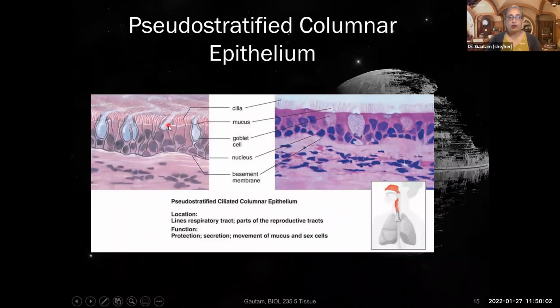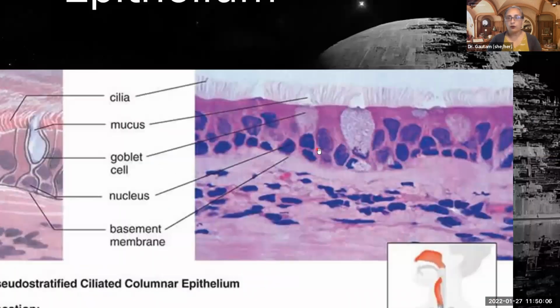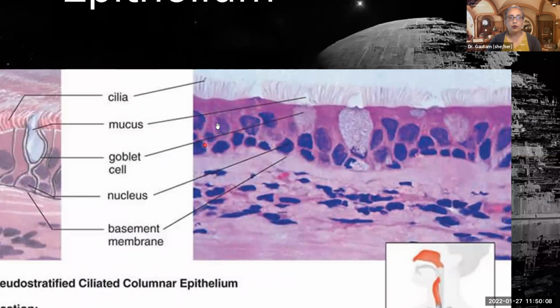So now we take a look at pseudostratified. Going closer, notice how the nuclei are all at different heights. So you would think, oh, this is one layer and here's the other layer down here, but these are just single cells. If we highlight, I'll show you.